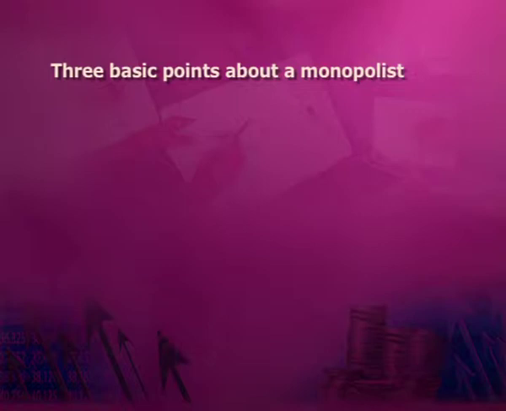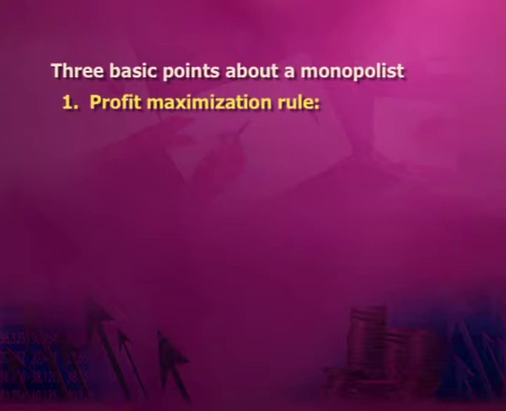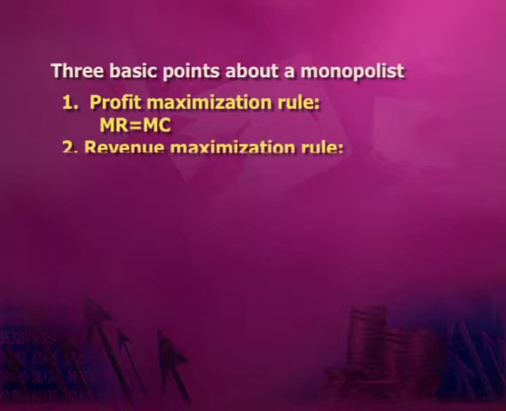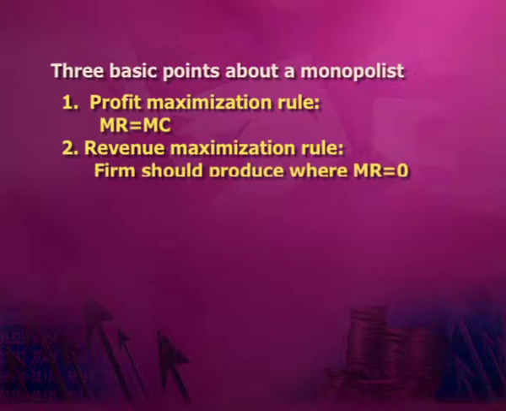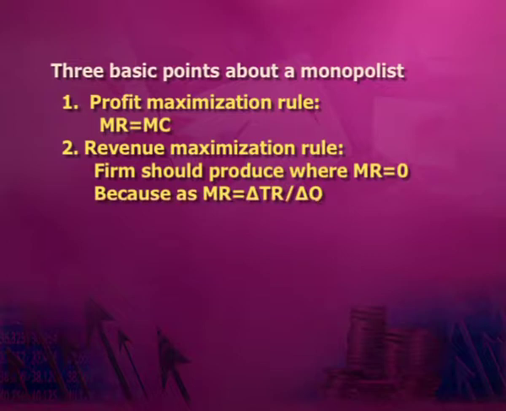Three basic points we should know about a monopolist are: first is the profit maximization rule, that is, MR is equal to MC. Second is the revenue maximization rule. The firm should produce where MR is equal to 0, because MR is equal to delta TR divided by delta Q. Thus, if MR is greater than 0, TR increases.